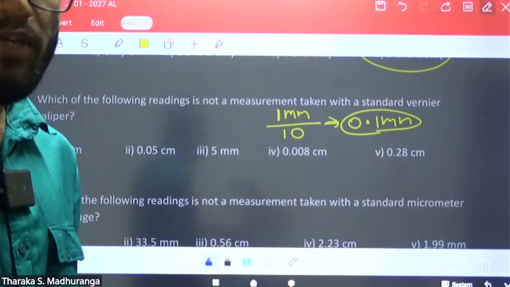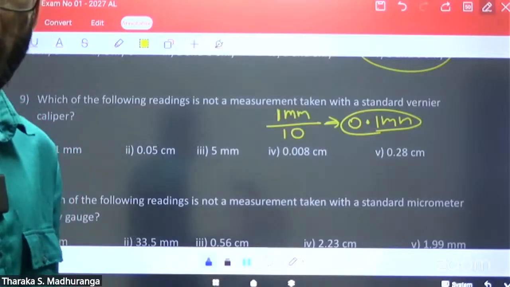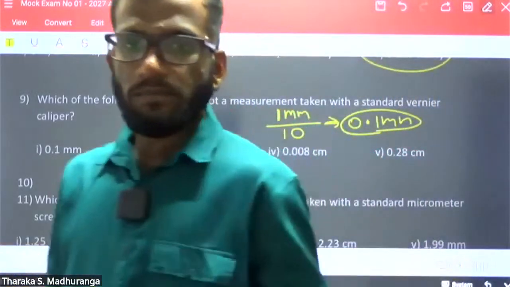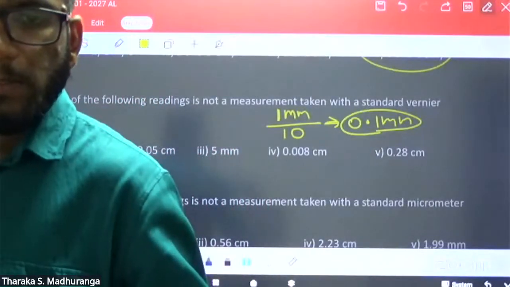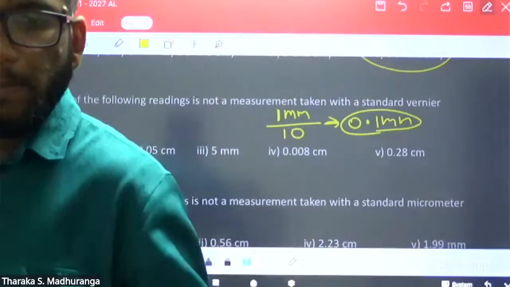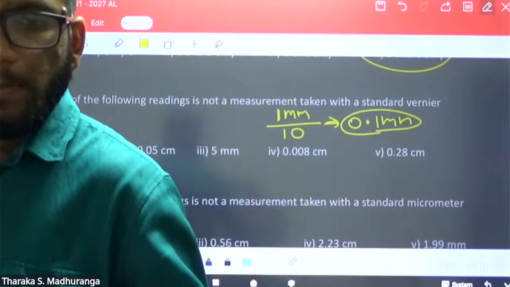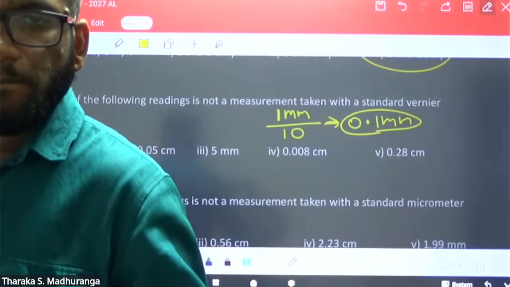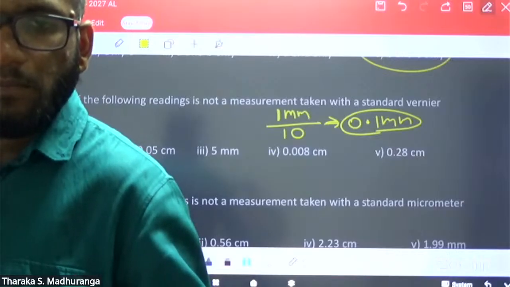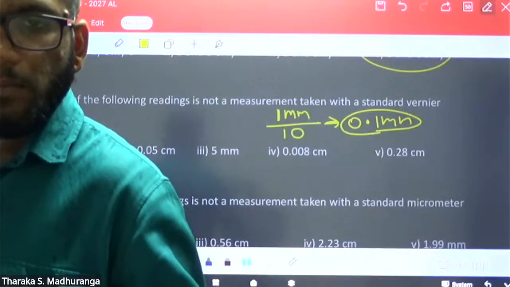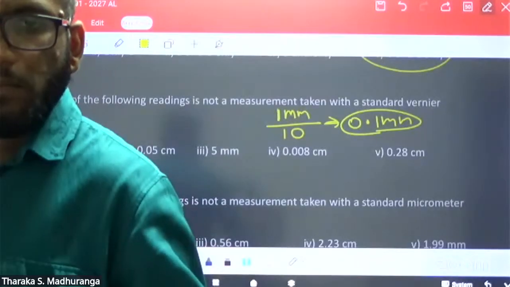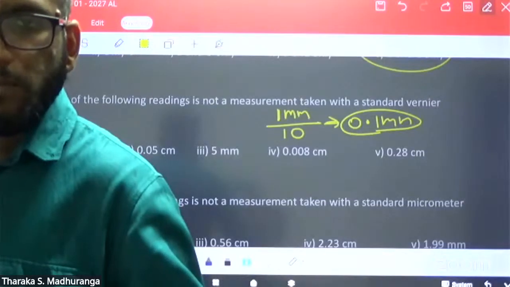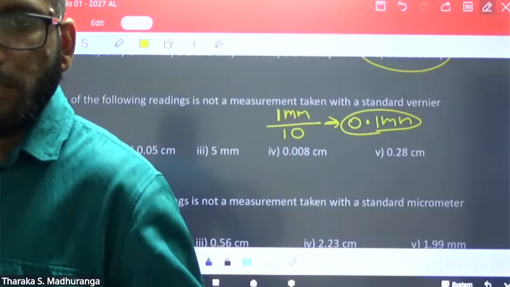What is the maximum measurement that we can obtain? Yes, Kabir.